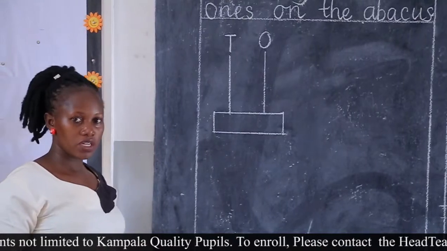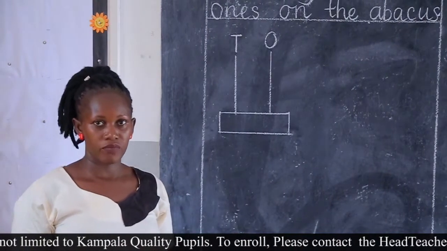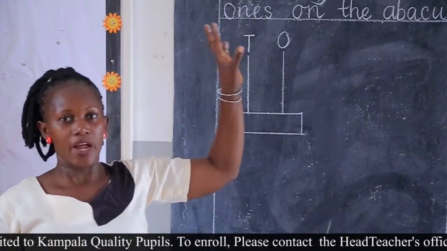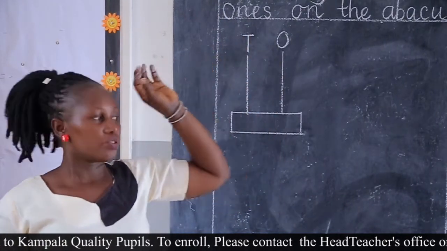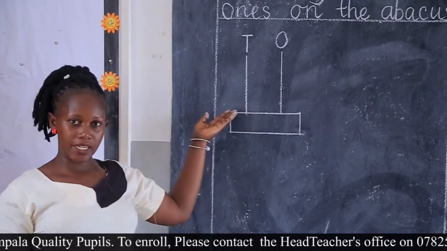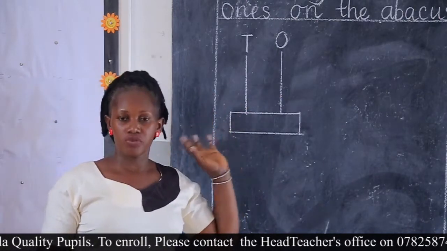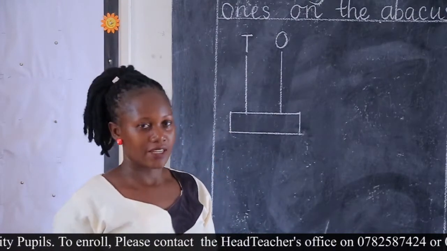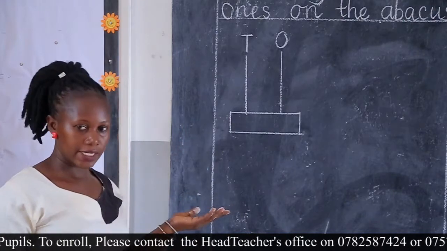That is what we call an abacus, okay? So we are going to show tens and ones, or we are going to count tens and ones on the abacus. On this abacus, we always use beads. We use beads.